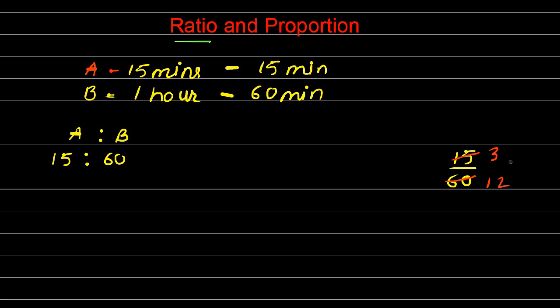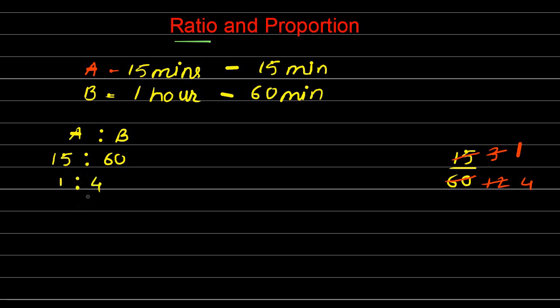So this is how you get it, and now you can see you can still divide them. That's called the lowest form. You should divide it until you get to the situation where you cannot divide anymore. So 3 ones are 3 and 3 fours are 12. So this is how I got my ratio as 1 is to 4.